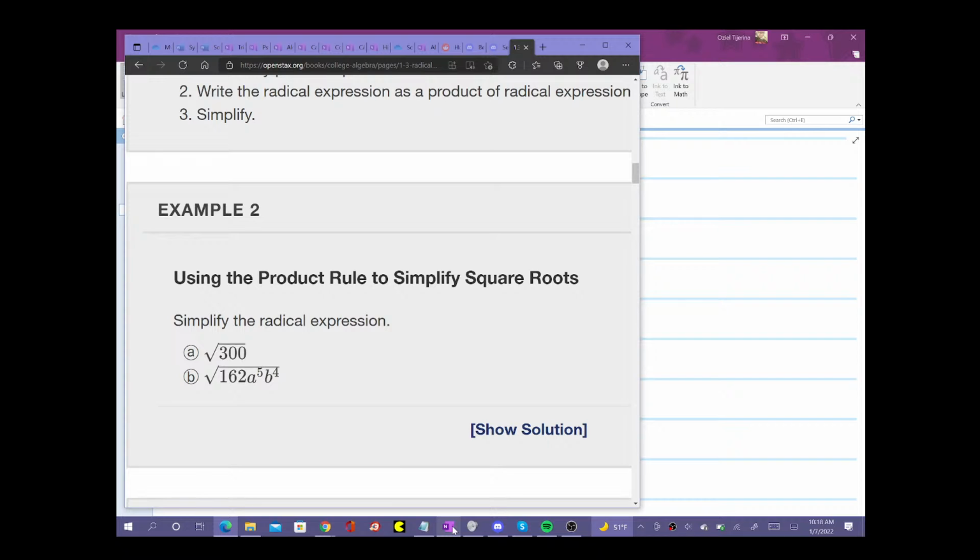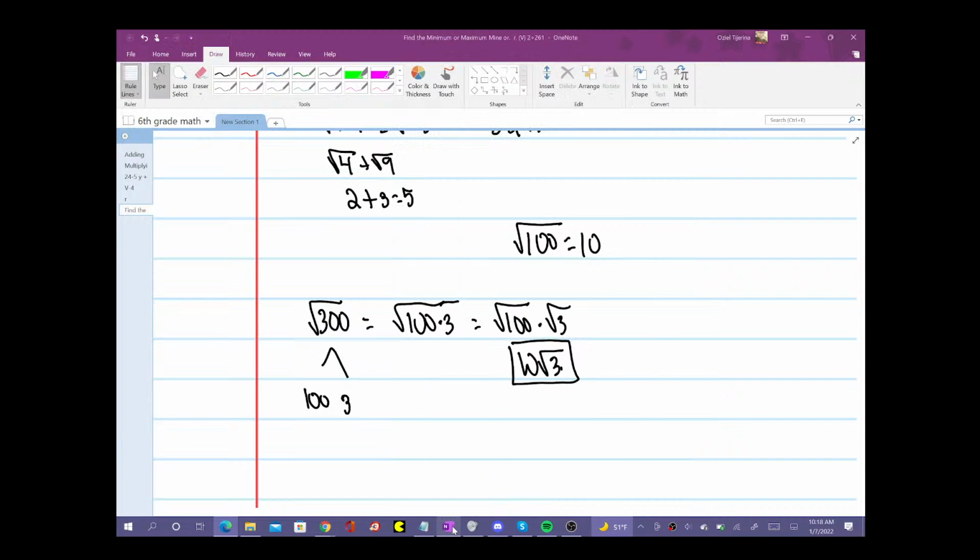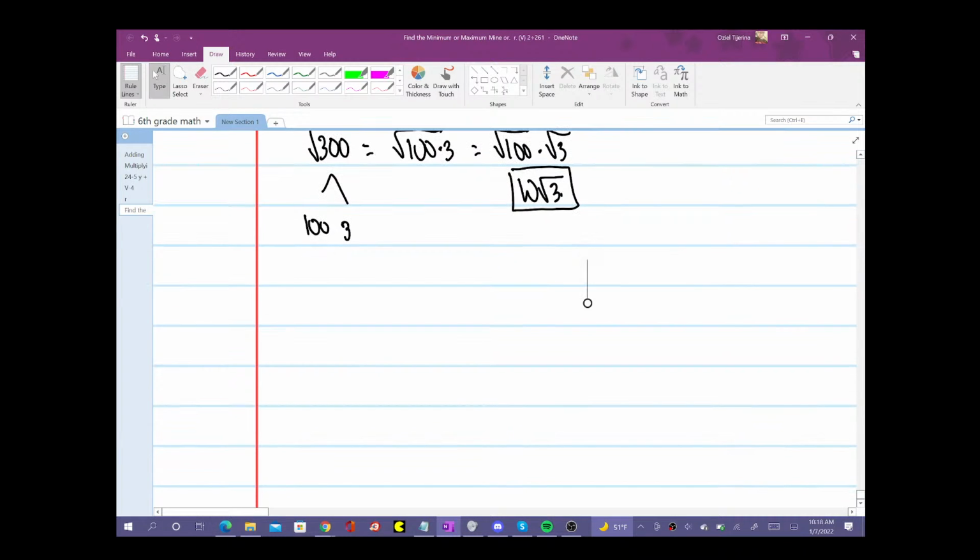So what about the square root of 162, a to the 5th, b to the 4th? This one is a little tricky. Let me first start by saying the square root of 100, a squared, b squared, because I feel like that's a little less problematic. First of all, we should know that the square root of a squared equals the square root of a times the square root of a, which means that this is the square root of a quantity squared, which means that it's a, right?